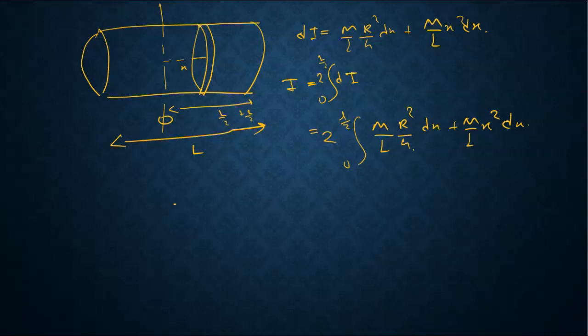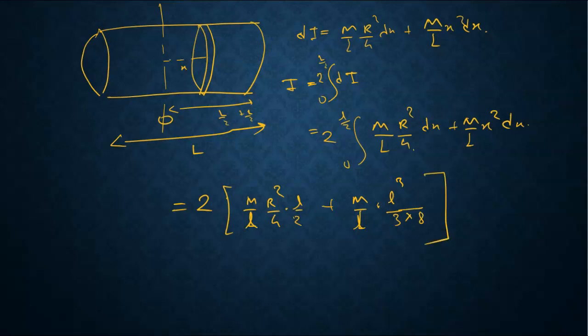So from here we will get 2 into m by L r square by 4 into L by 2 plus m by L into L cube by 3 into 8, right? So L and L cancel, here we will get L square.